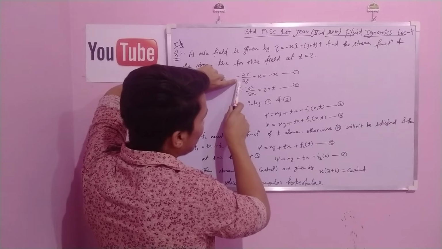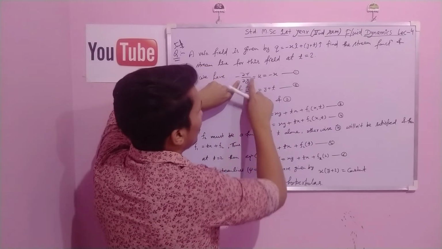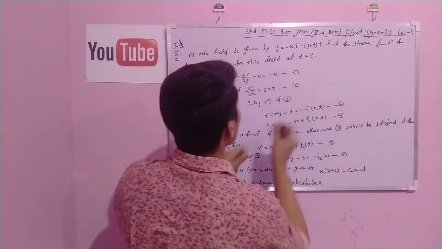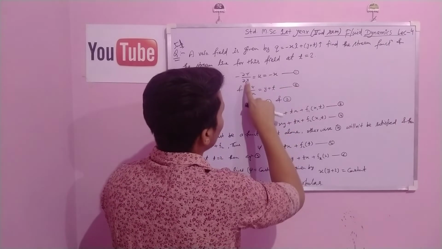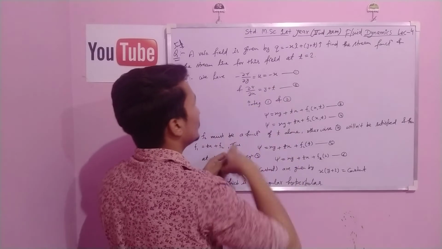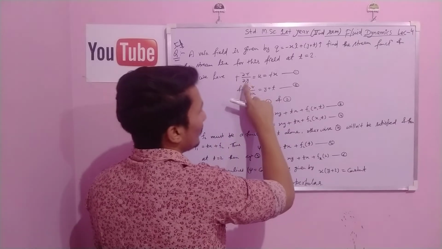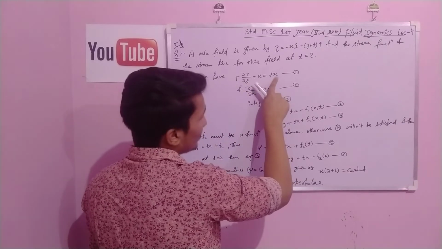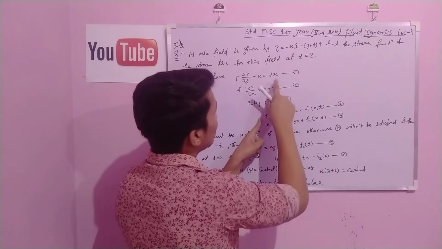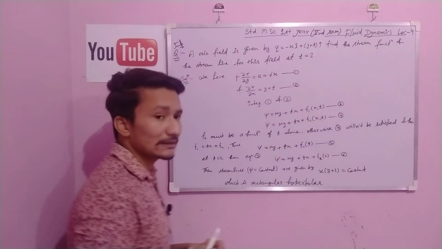When we integrate the first equation partially with respect to y, the minus cancels out the minus, and we get psi equal to xy plus tx plus f1(x plus t). It will be equation number 3.